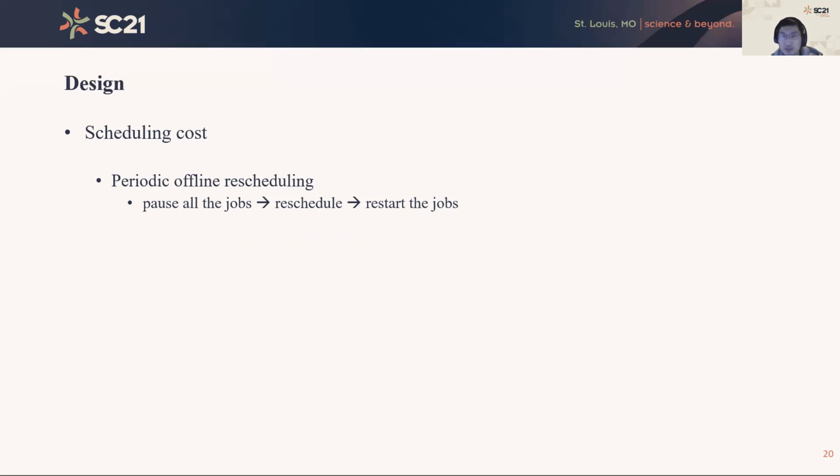The rescheduling leads to two problems. First, the scheduler makes slow responses to job arrivals or completion. Second, there will be a large overhead because pausing and resuming deep learning jobs usually takes more than tens of seconds. But at the same time, the GPUs are wasted.